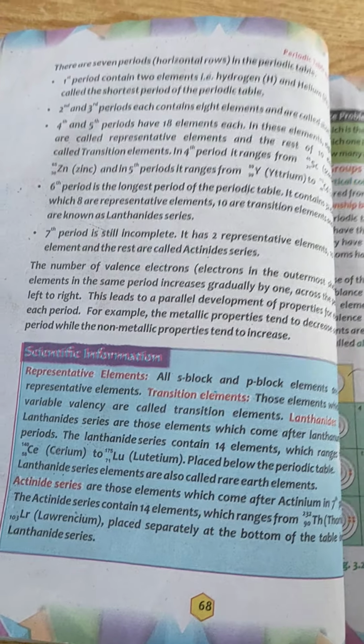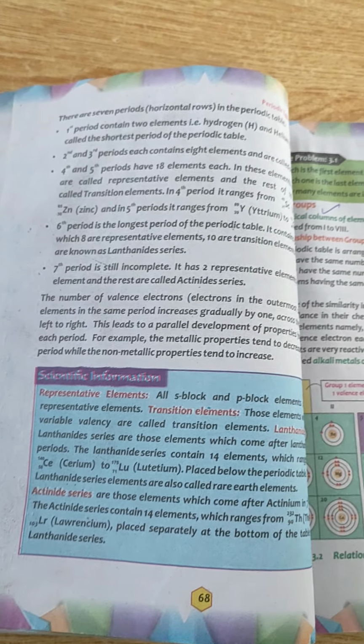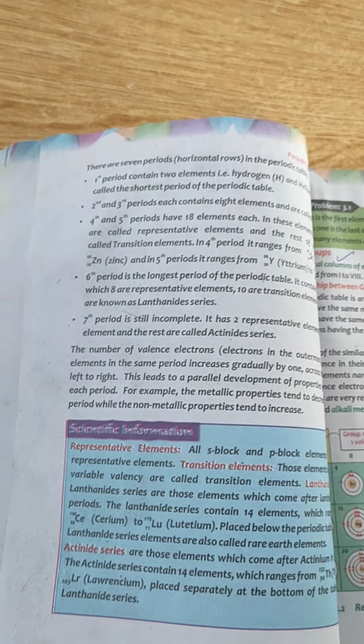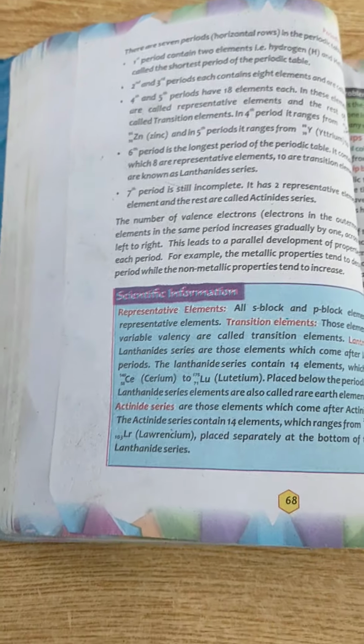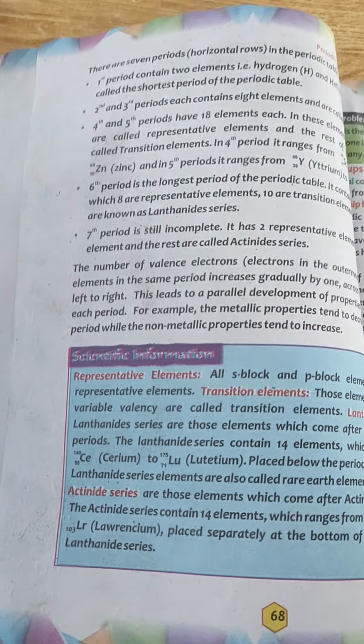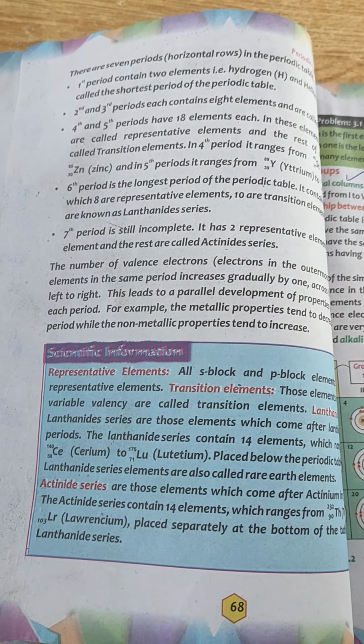This is your homework as well: read these 3 pages in detail, learn the definitions, write down the definitions for practice, for proper learning, and also learn the first 3 questions of this chapter. Thank you.